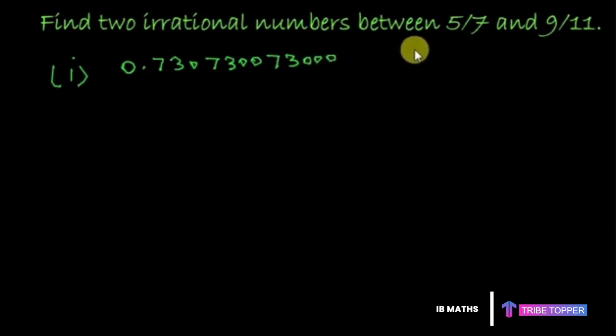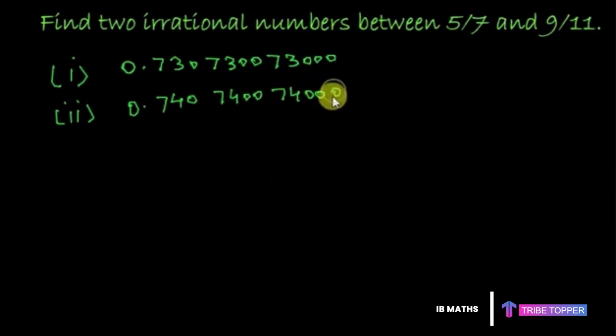You can continue. So this is one irrational number. For the other, you can take another non-repeating, non-terminating decimal as 0.740, 7400, 74000 and so on. So in this manner you can get any number of irrational numbers between 5 by 7 and 9 by 11.